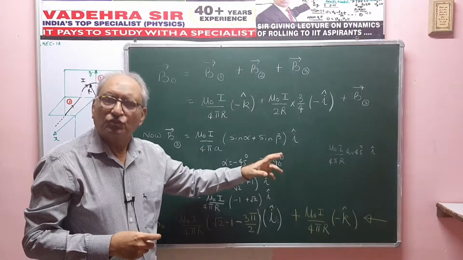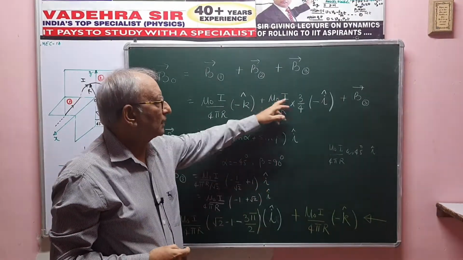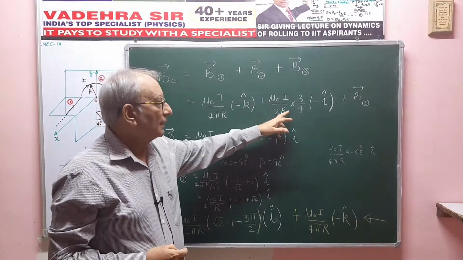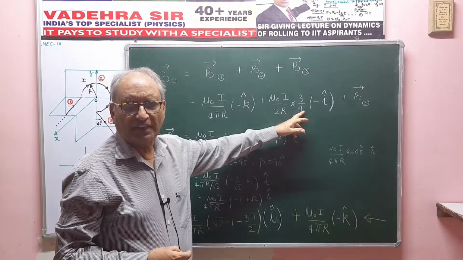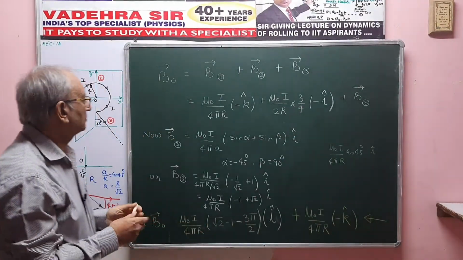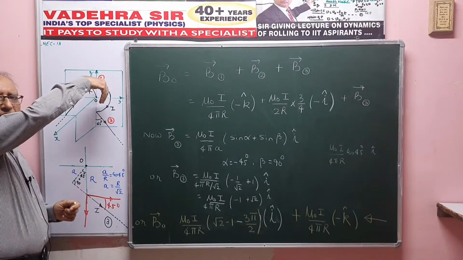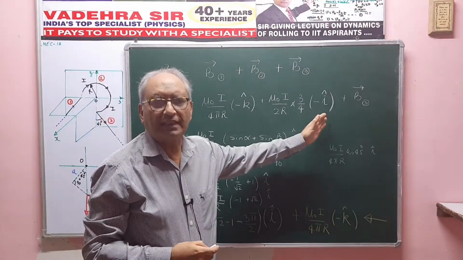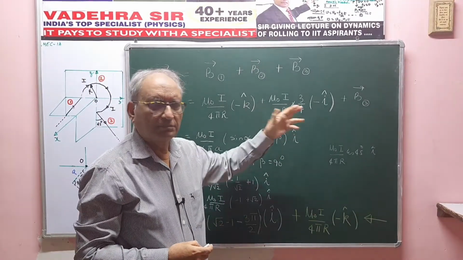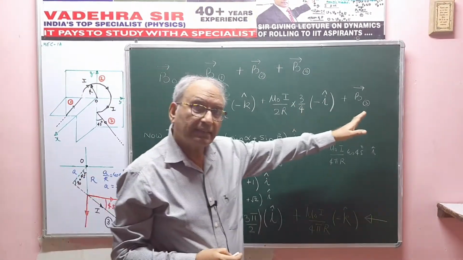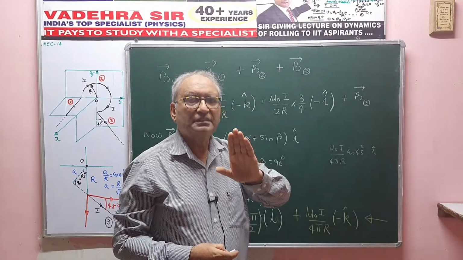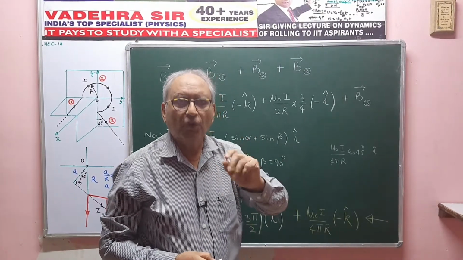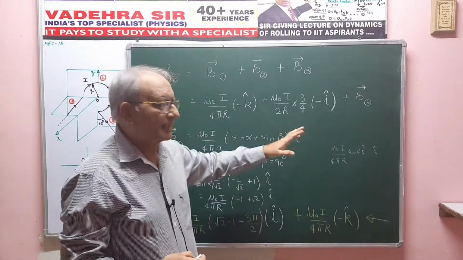For the 3/4 of the circle, mu naught I by 2 r, full circle, multiplied by 3/4, the fraction, and then of course for this the thumb is inside, so the field direction is minus I cap, in the board, minus I cap. B3 arrow we'll do separately because that would need some more rigorous understanding.